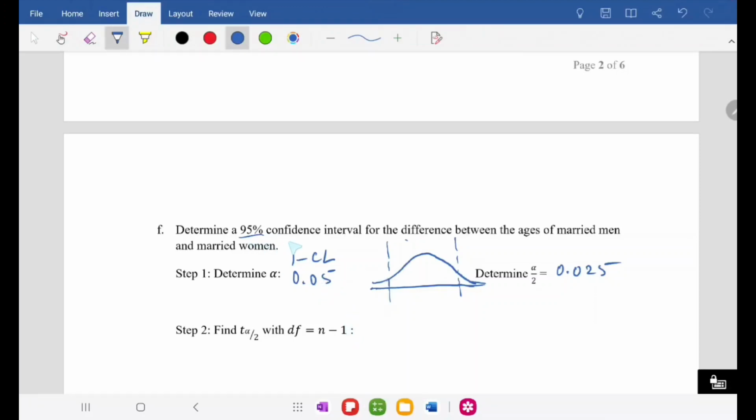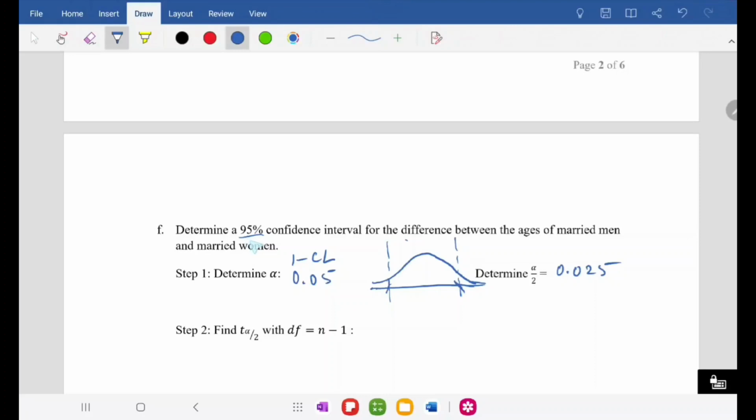So confidence interval is the probability that the population mean, the difference in this case, will be contained within that interval.